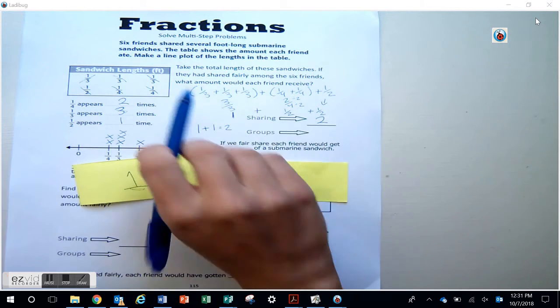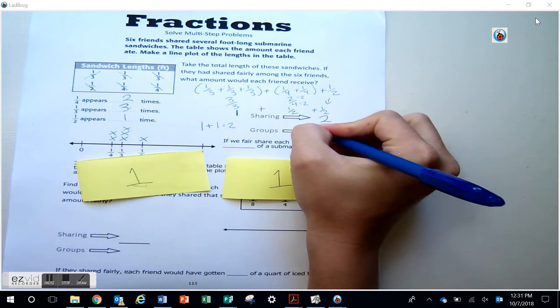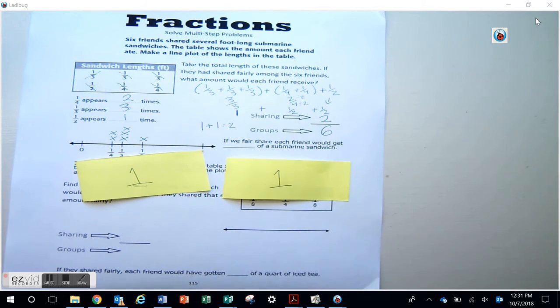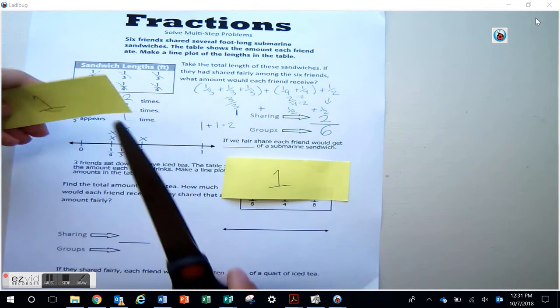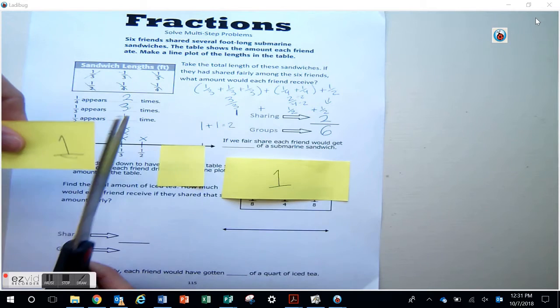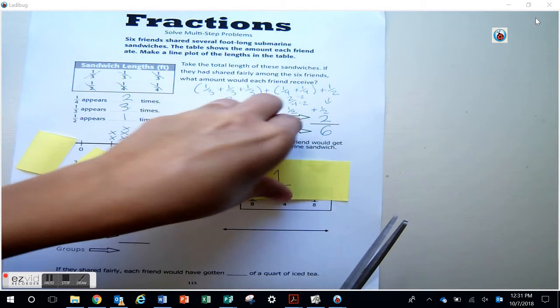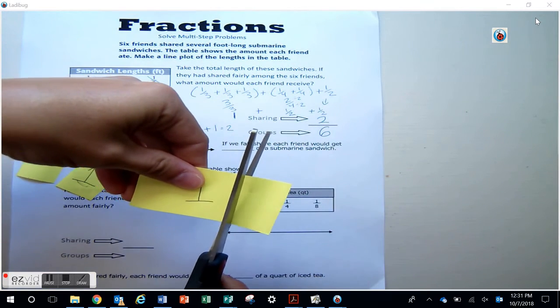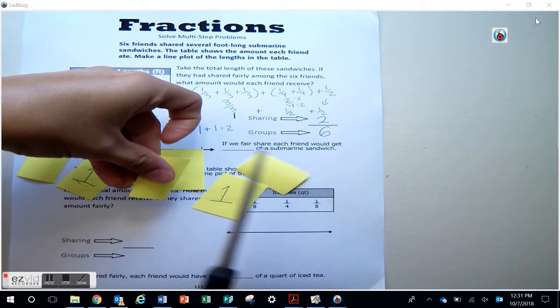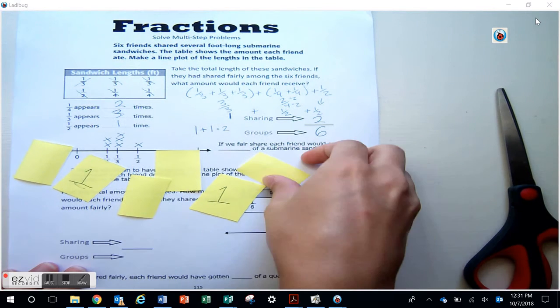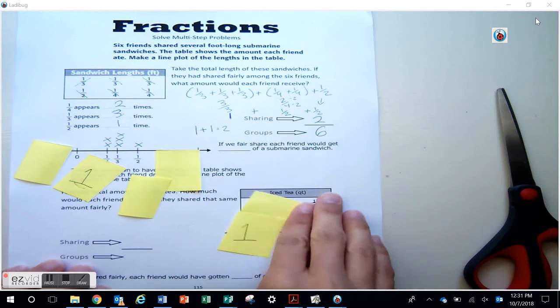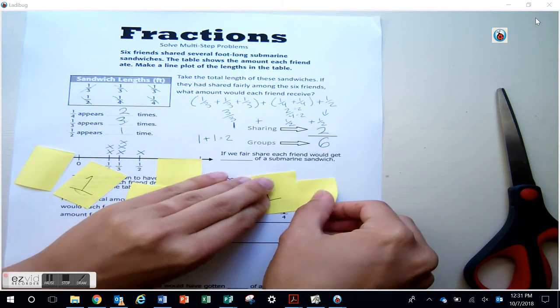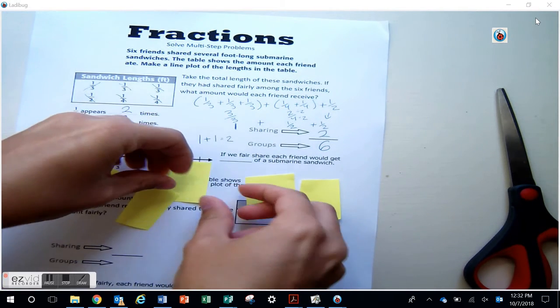So we can go ahead and write 2, 6. So if I cut this up into 6 equal pieces, how much of the whole would each person get?